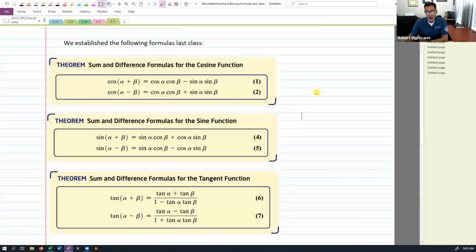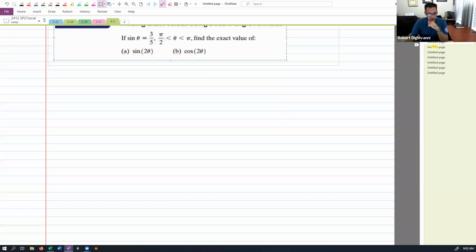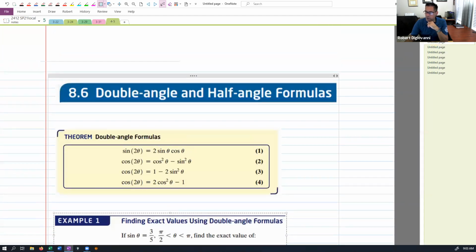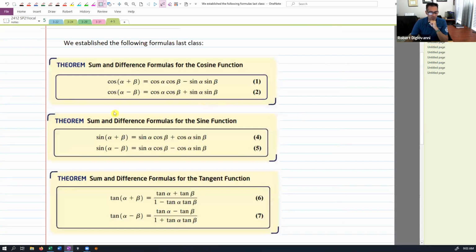All right, so last class, what we did was we established, what was it, 8.5, right? We established the sum and difference formulas for cosine and sine, and then also tangent. And these two here for cosine and sine are the big ones that you need to know.